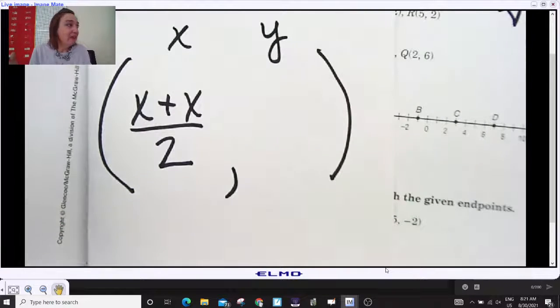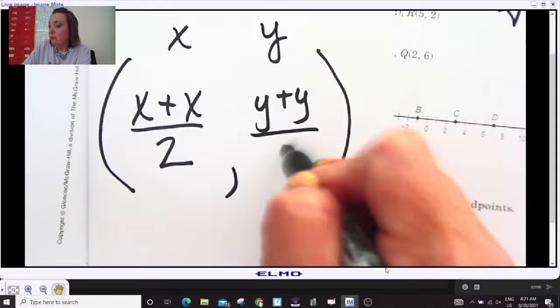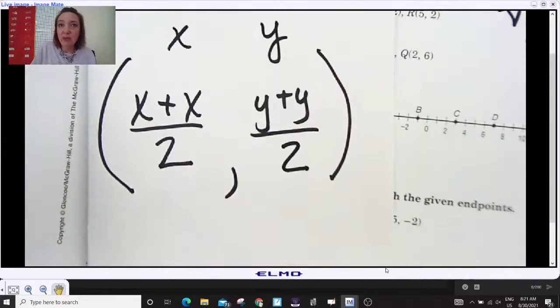That's just finding the average X. That's all you're doing. And then you add 2 Y's together and divide by 2, and all you're doing there is finding the average Y. And the average is the one that's between the two that you're looking at. Which one is right in the middle? That's what average means, what's right in the middle.